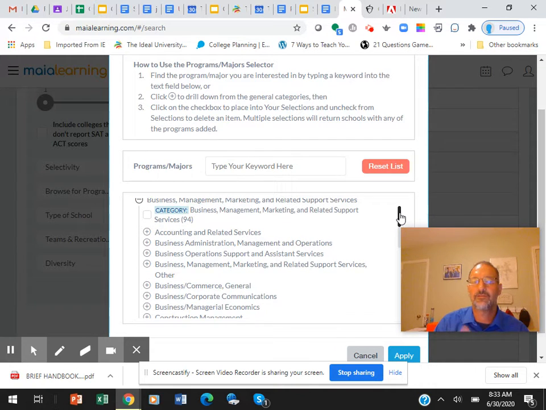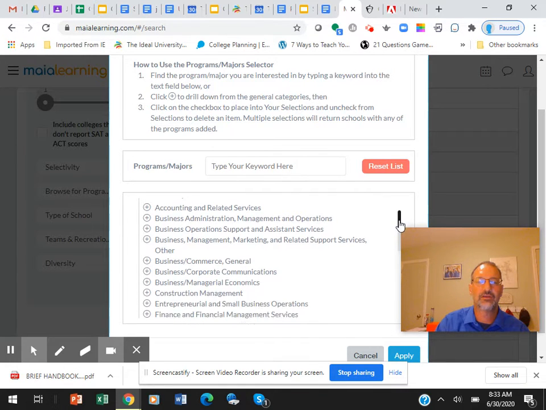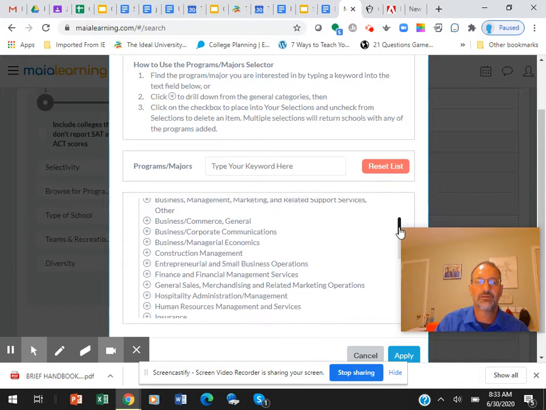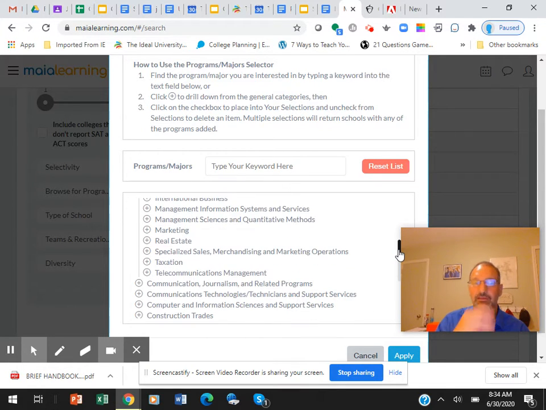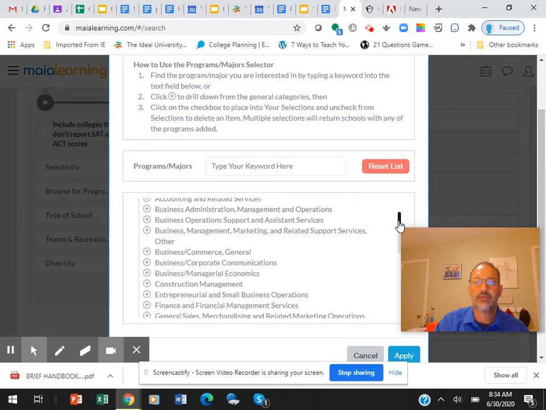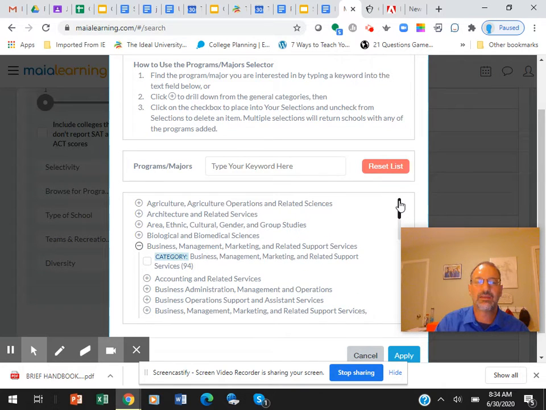If you don't know a specific area in business that you want to go into, you would pick business administration management. You can pick one or two of these categories, but if you want to do construction management, hospitality, human resources, or international business, you can pick any of these. Or if you just want to pick the area of business, that's fine as well.